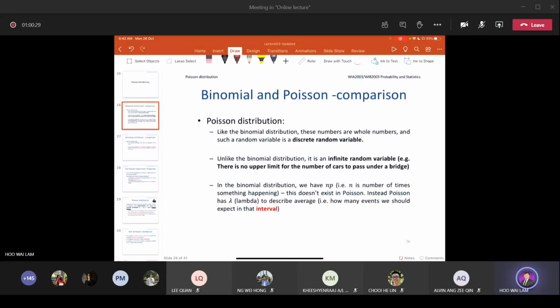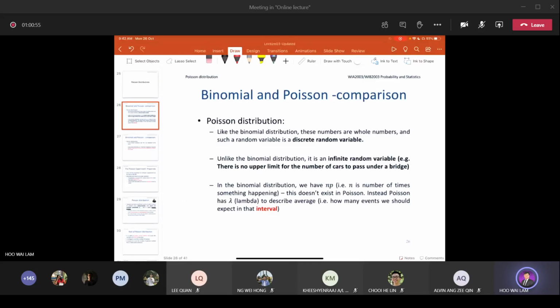Previously, when you were calculating binomial distributions, for example, a dice roll, you will always have a range, like dice roll 1, 2, 3, 4, 5, 6, a bounded outcome. Number of fours that you can get after 10 rolls: 0, 1, 2, up to 10.